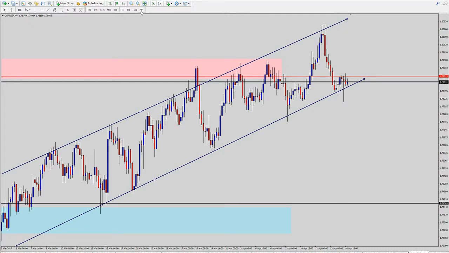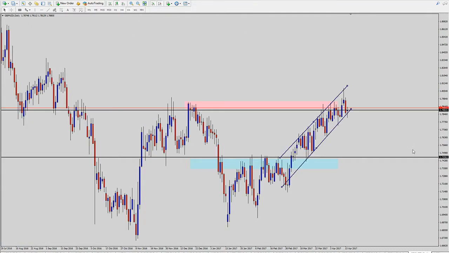But what I'm really looking for, since we're on the daily and we have that bullish engulfing followed by a pin bar, is a breakout in this area. If we get a breakout to the downside, we'd probably see a move all the way down to these lows looking left, or potentially all the way down to the 174 zone.